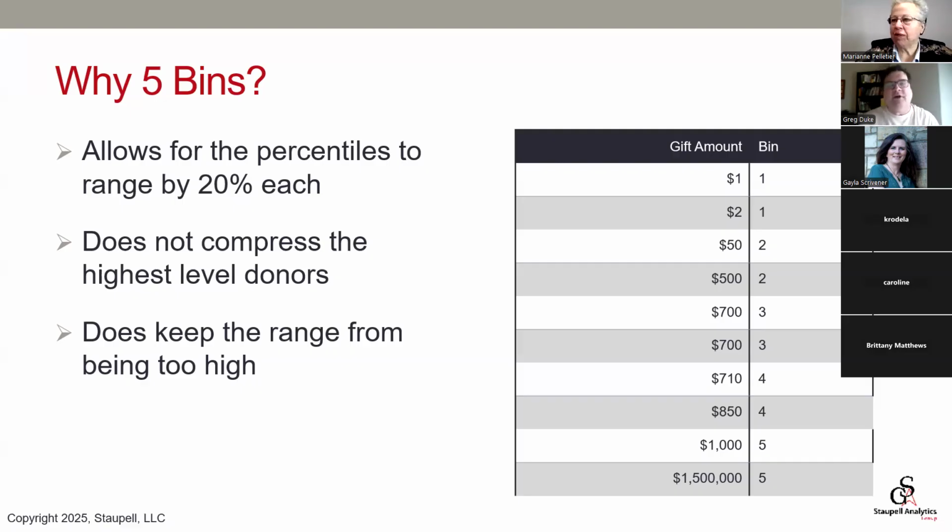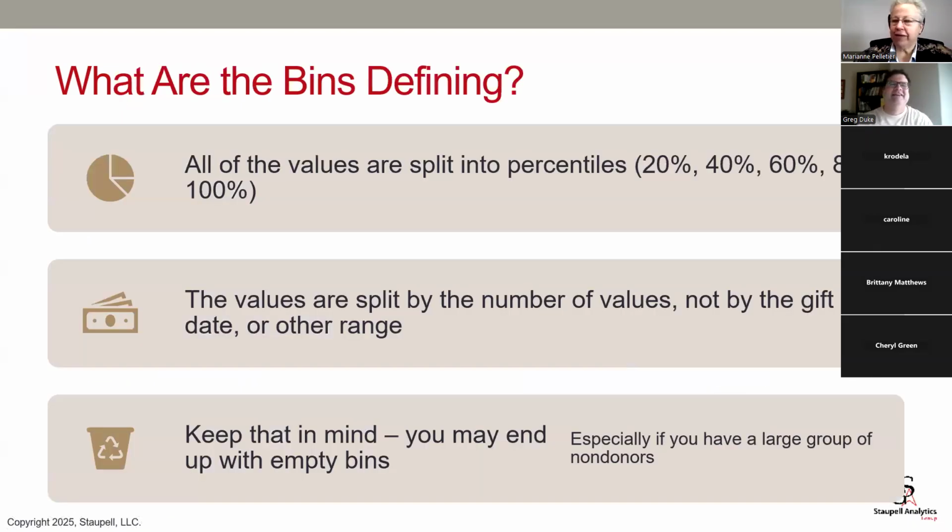Or do we leave them out of the RFM altogether? So in this case, we can see everyone's in 5 bins, but they've all given money. Great. Yeah, cliffhanger.